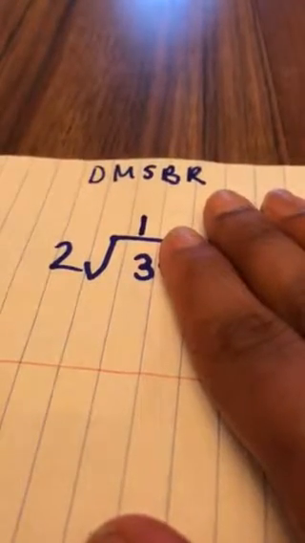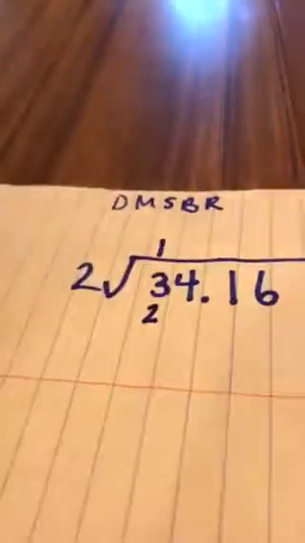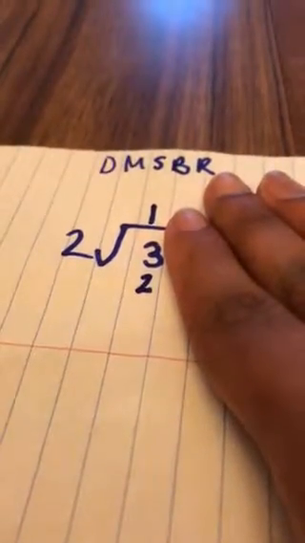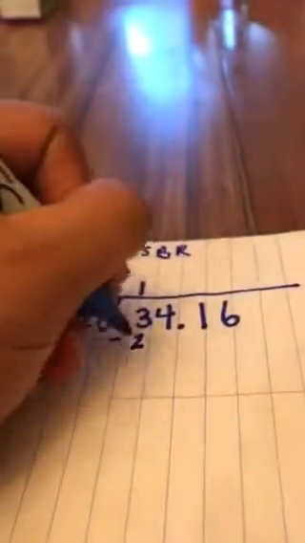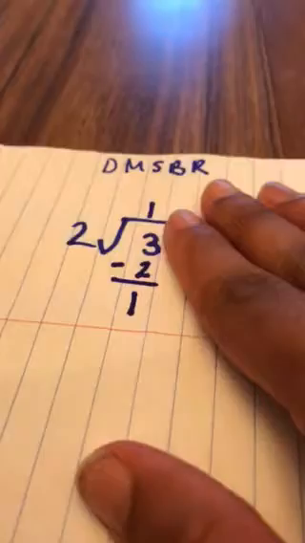So we're multiplying that 1 times the 2. 1 times 2 is 2. Then we move on to the S, which means subtract. So 3 minus 2 is 1. Then we move on to the B, which is bring down. So that means we are bringing down this 4, right?